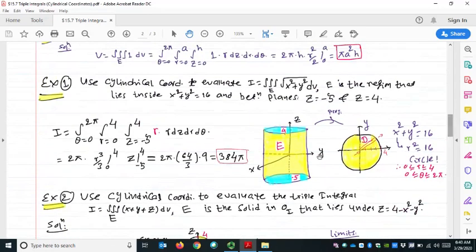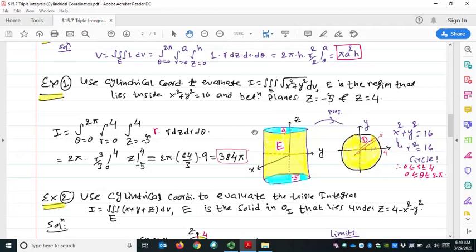Let's do example 1. Using cylindrical coordinates, evaluate the triple integral of radical x squared plus y squared dV, where E is the region that lies inside the cylinder x squared plus y squared equals 16 and between the planes z equals -5 and z equals 4.